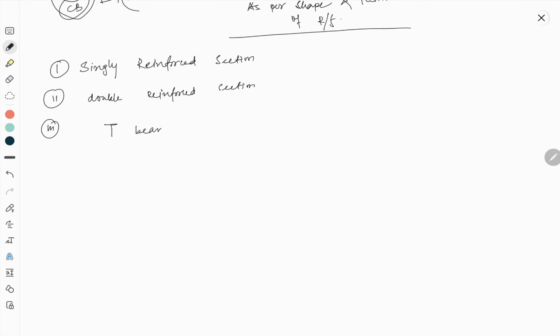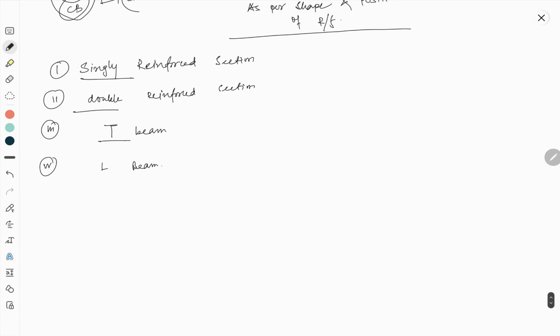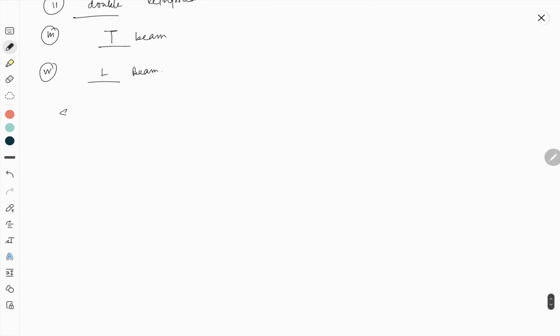T beam. L beam. One by one we'll discuss the single reinforcement section, double reinforcement section, and T beam as well as L beam. So let's get started with the single reinforcement section.